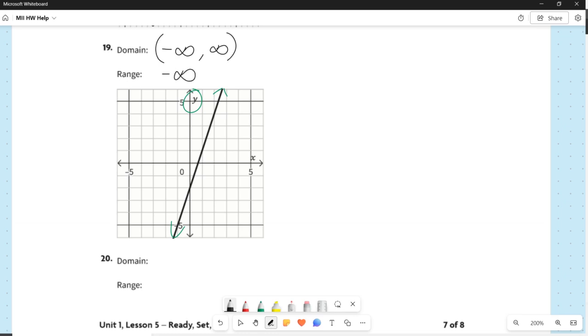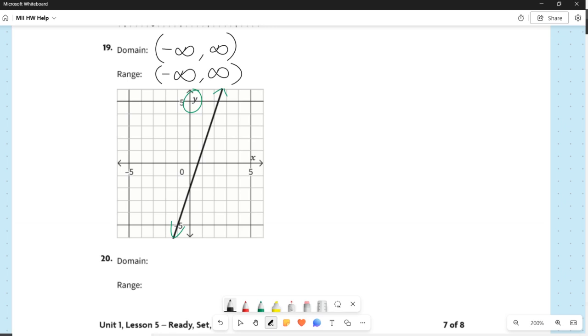We're not going to stop until we get to negative infinity, which is never going to happen, so we just don't stop. And then our upper bound also, quote unquote, doesn't exist. So let's just say keep going until you get to infinity. And we're not going to include the infinities, and so we're going to use parentheses. But that's our range. So the domain and range are all real numbers.